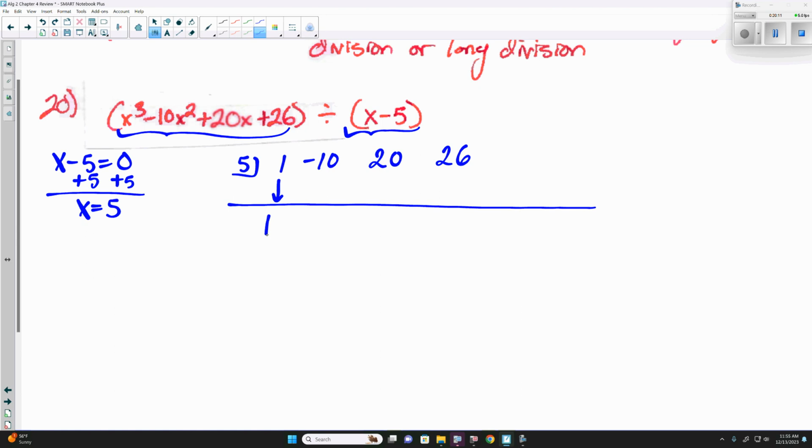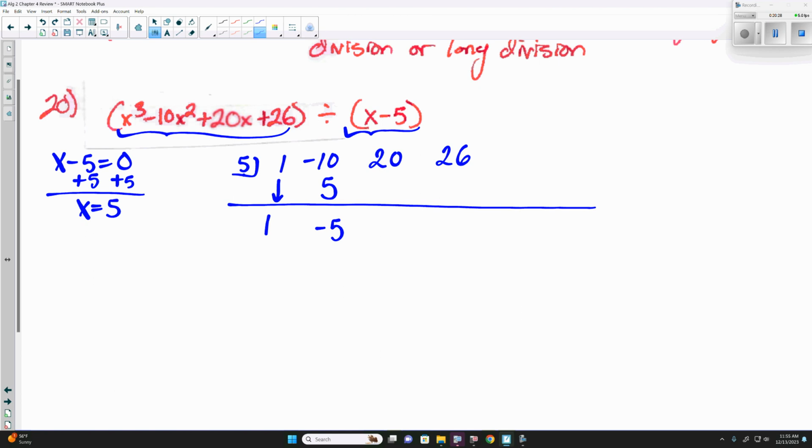Now at this point here, we multiply. So we do our 5 times our 1, which is 5, and we put it under our next number. Then we add straight down. Negative 10 plus 5 is negative 5.